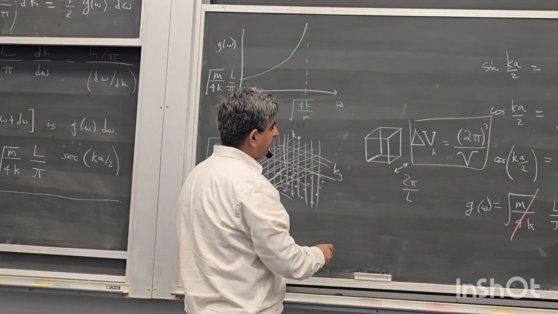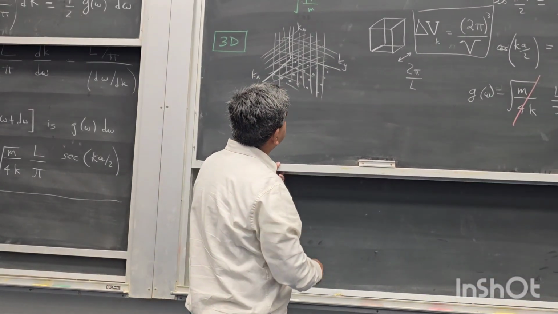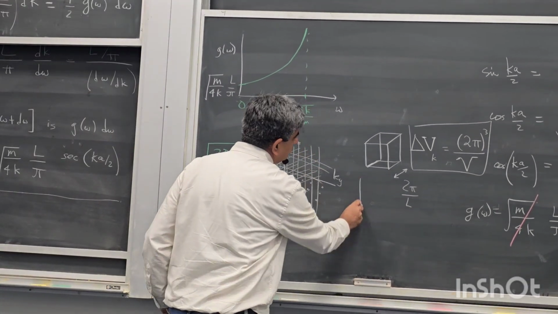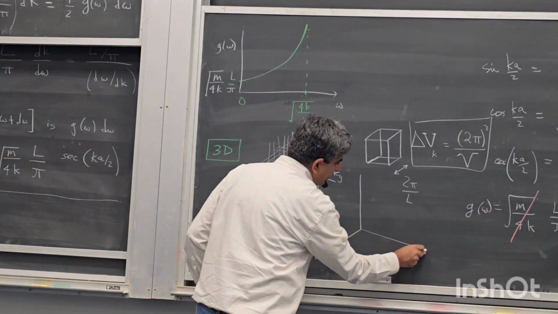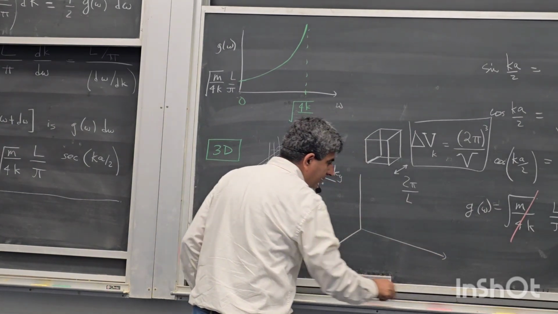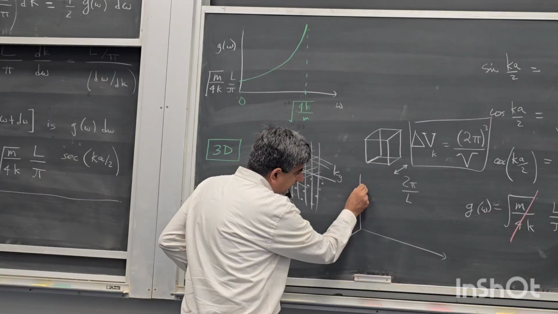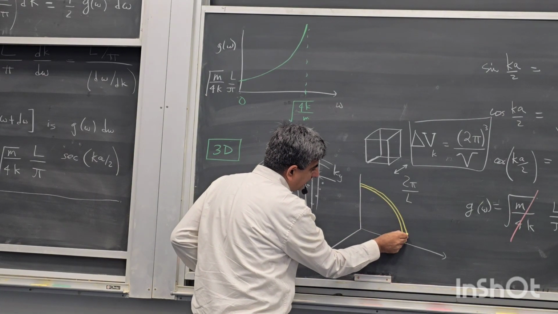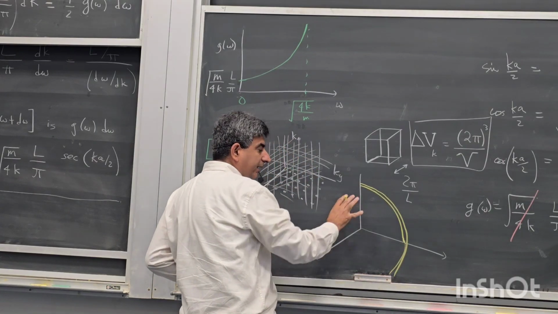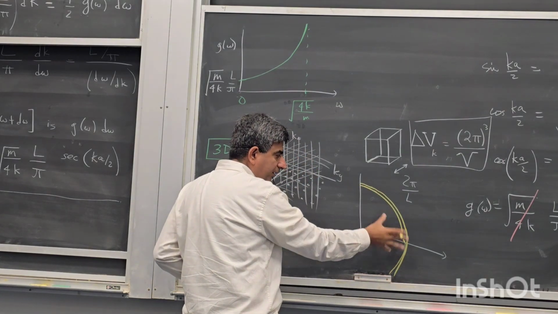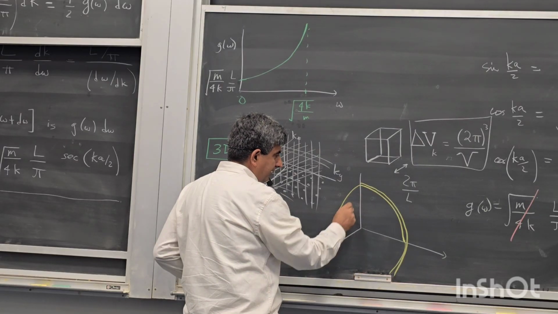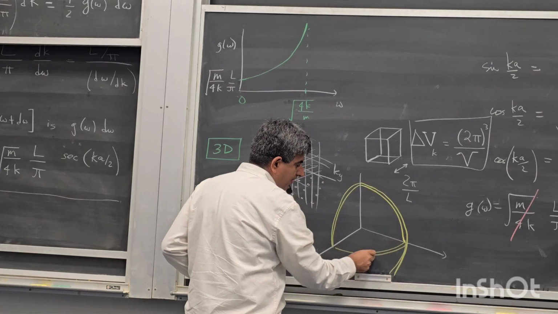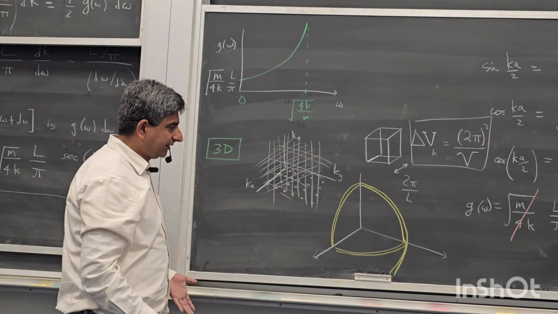So let me draw this shell over here. This shell here of some thickness, I'm just drawing it in a particular quadrant, and this extends in 3 dimensions in the K space.